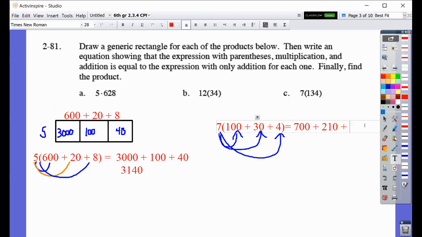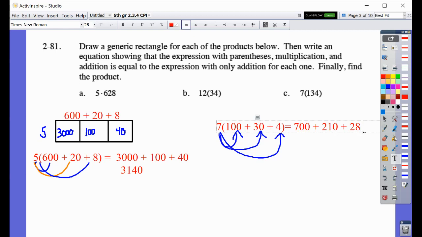So if they asked you to rewrite this with the distributive property, that is what we'd be looking for. What do we get when we take 7 times 100? 700. 7 times 30, 210. 7 times 4, I'm sorry, I said that incorrectly. 7 times 4 is 28. So that's what we would get for those different sections.